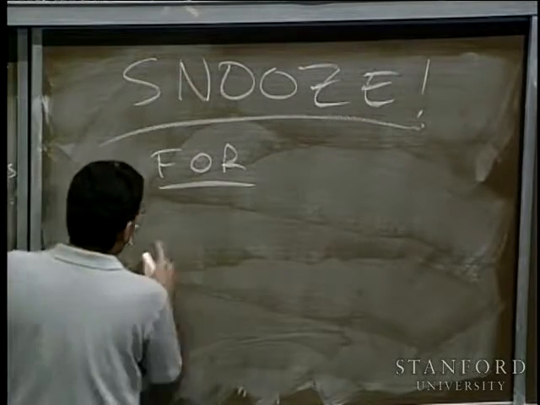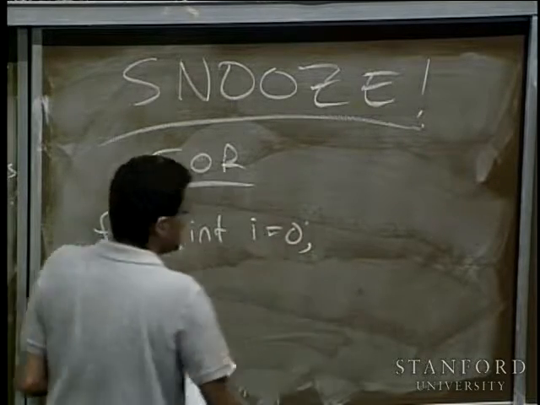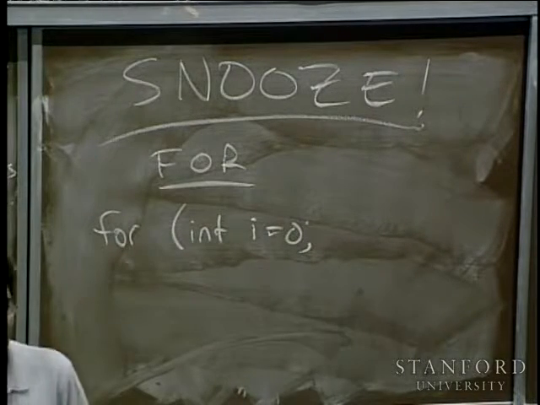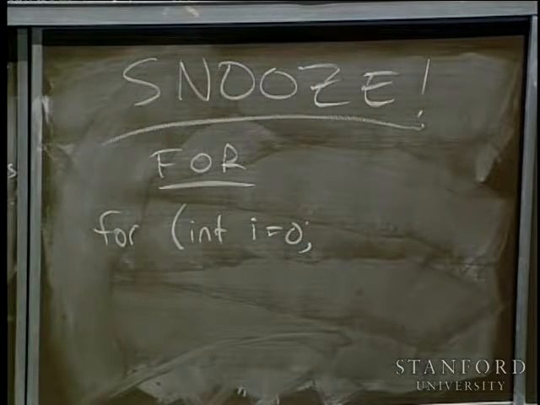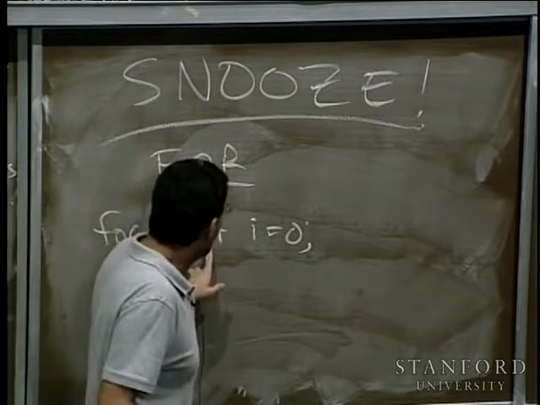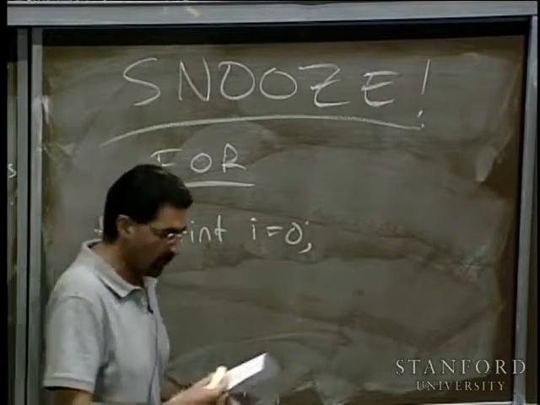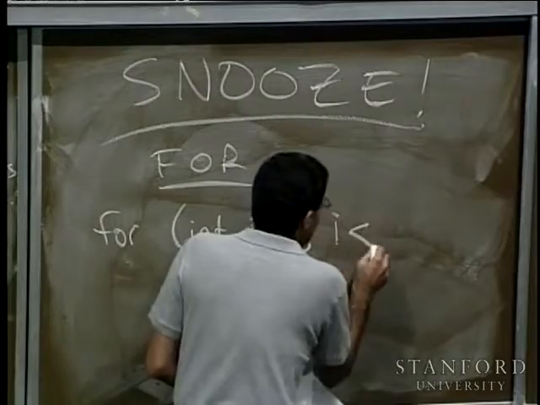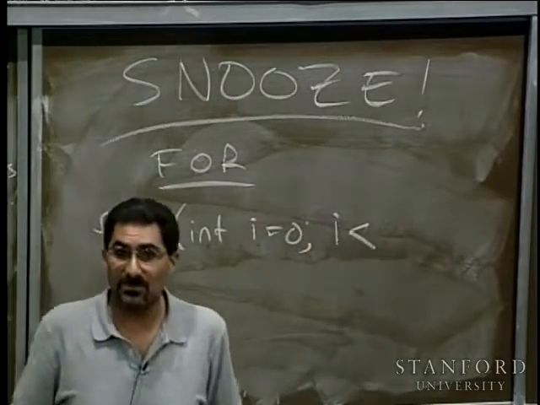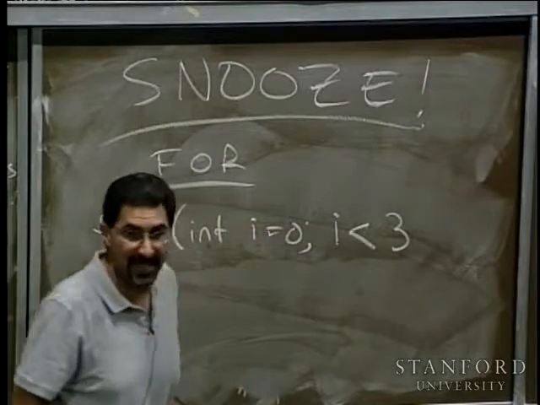For, just the word for, paren, int i equals 0. This might look a little strange, and if you've done some programming before, it won't, and if you haven't, just use the syntax and feel good about it. This is int space i equals 0, semicolon. i is less than the number you want to count up to. If I want to do something 3 times, I'd have a 3 here, but in general this could be any number.